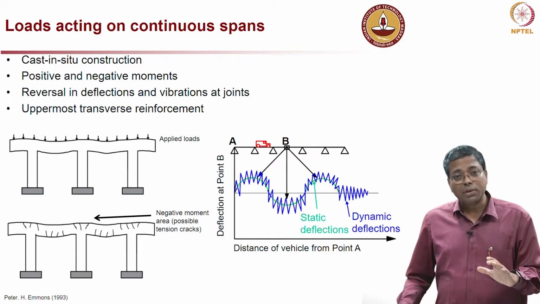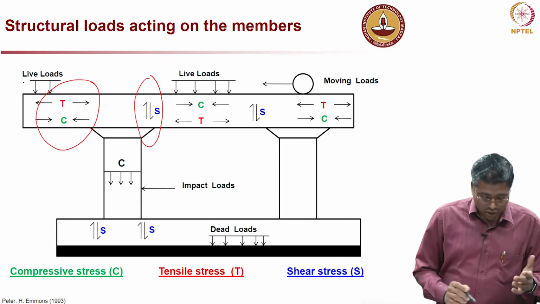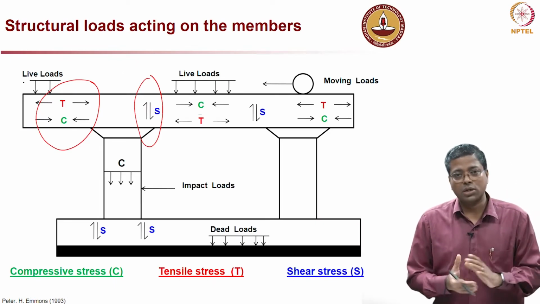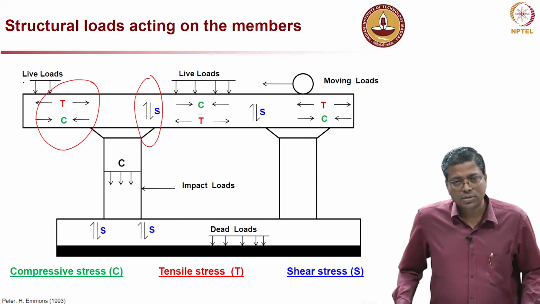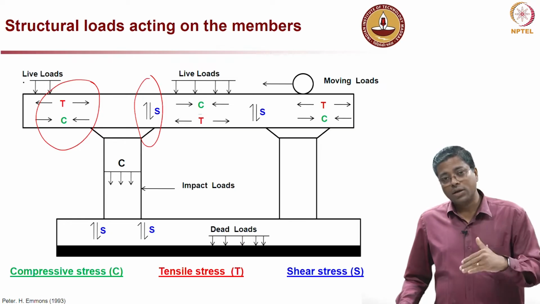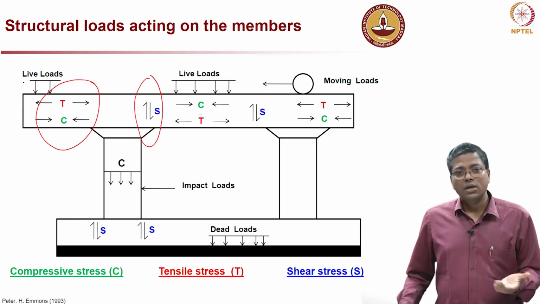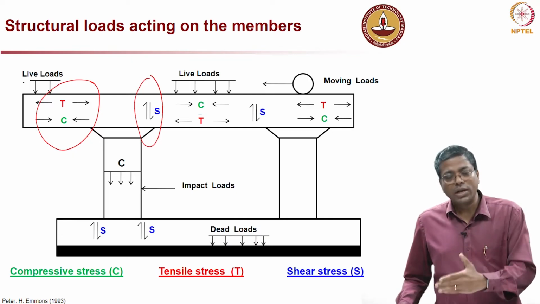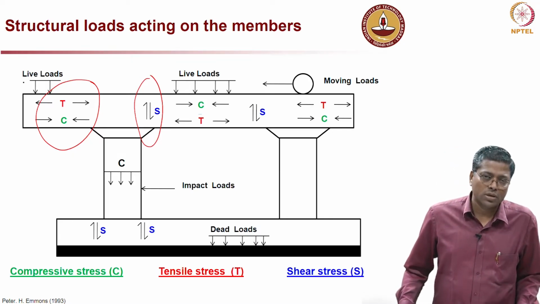And at the same time, if we know that a particular portion of a member will only experience tensile stresses, or a particular portion will only experience compressive stress, then in that portion you do not need to provide something which is designed for taking tensile loads.